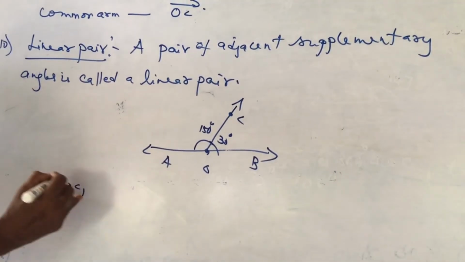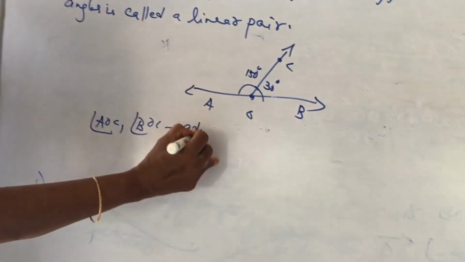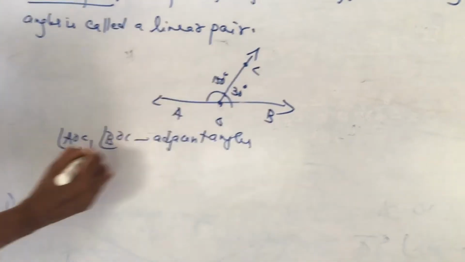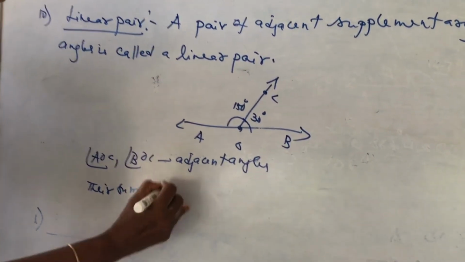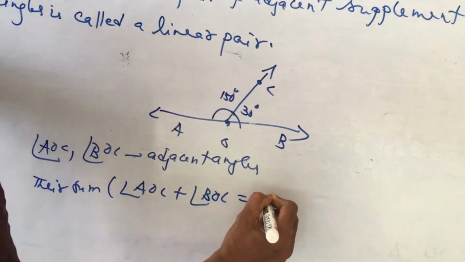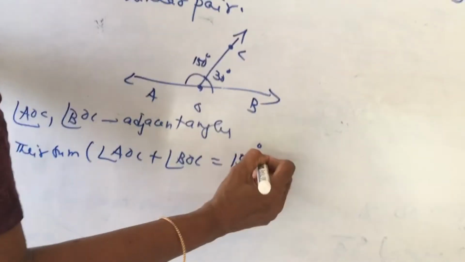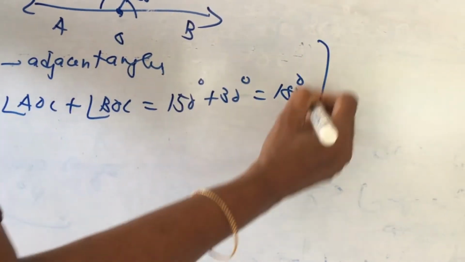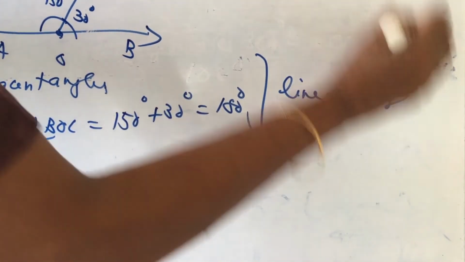Angle AOC plus angle BOC is equal to 150 degrees plus 30 degrees, that is 180 degrees. That is why you call them a linear pair.